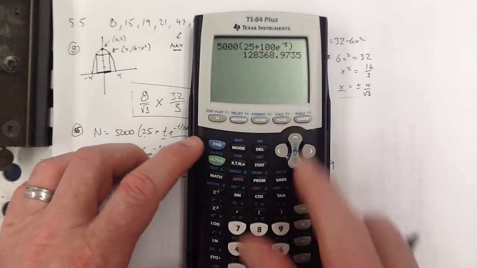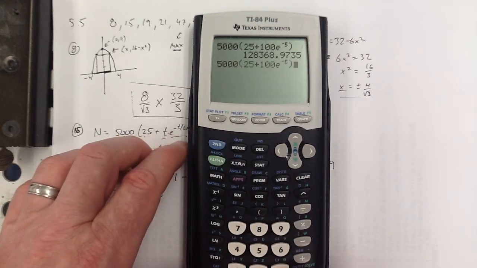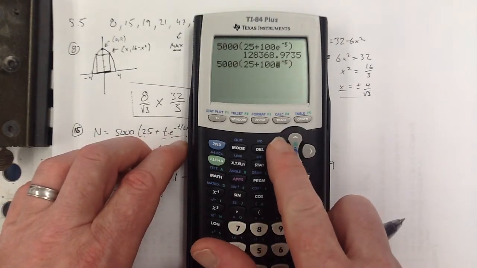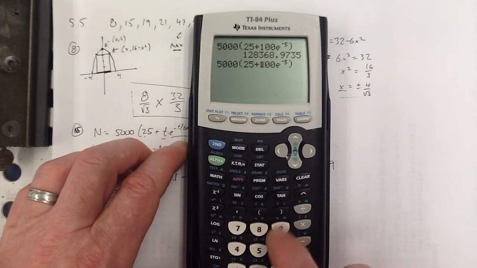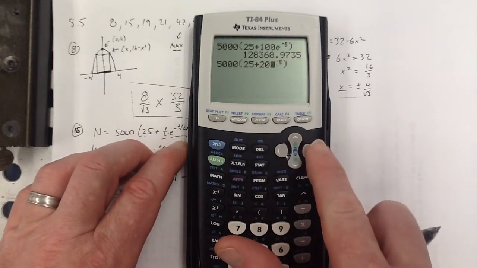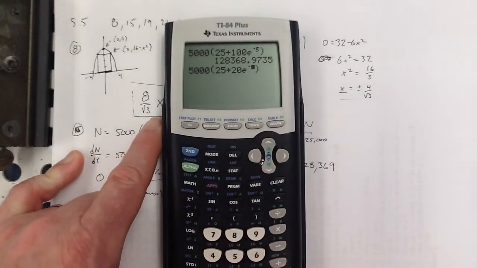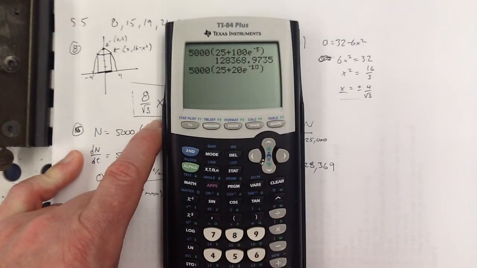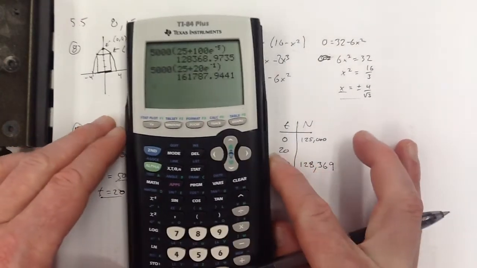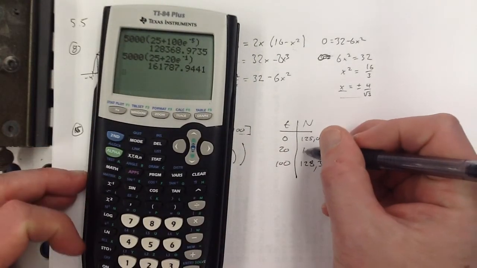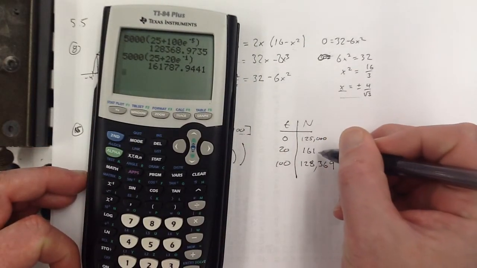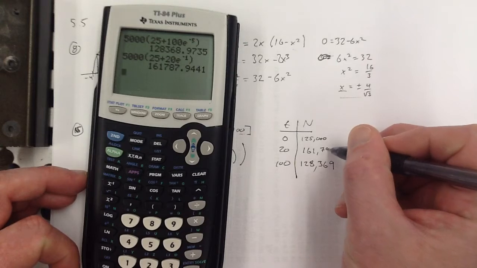So, see if I can bring that up and just modify this. So I'd like to do 20 there, and then 20 divided by 20 is just going to be -1 there. And sure enough, that's the biggest one, 161,788.